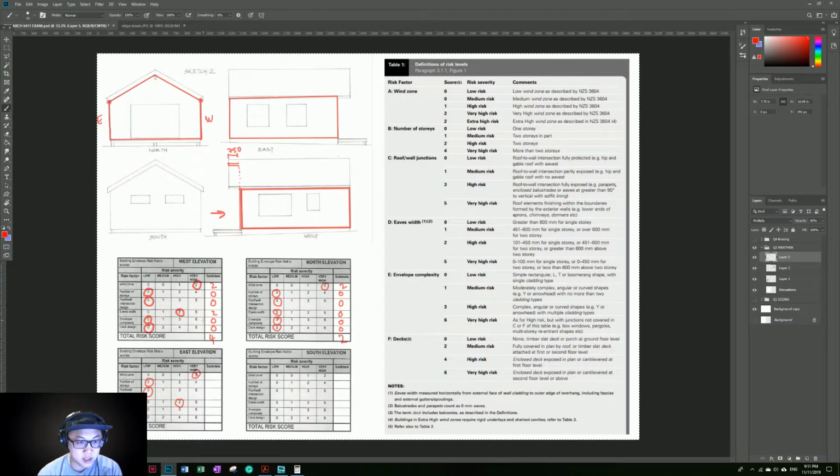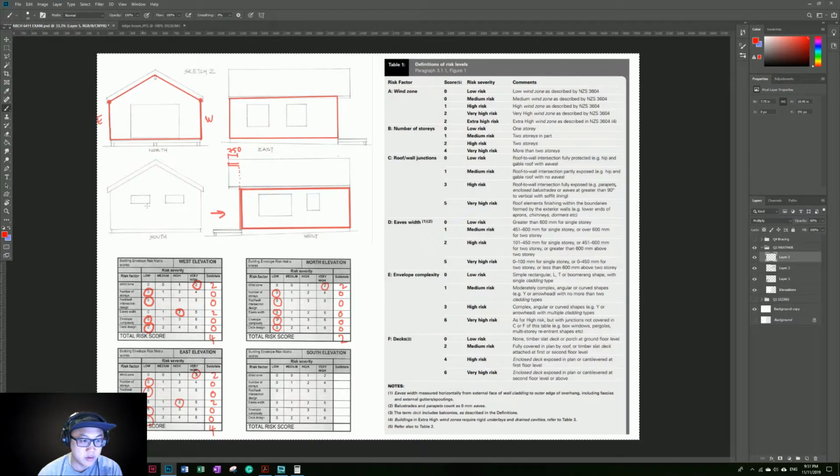Envelope complexity, still a small rectangle, so it's going to be low. And there's no decking on that side, so it's going to be a 0. If we total the score, it's going to be 2 here, 0, 0, 2, 0, 0, and a total of 4.